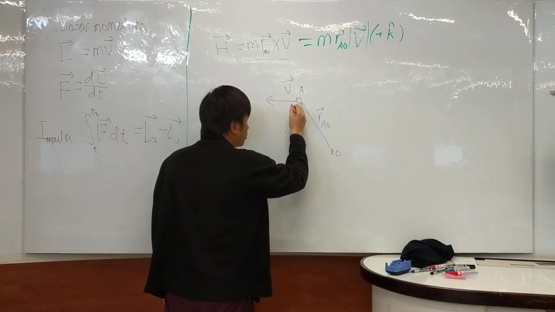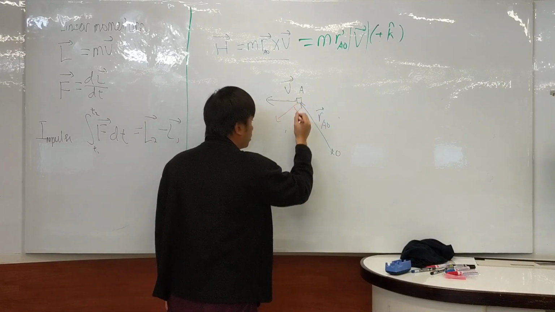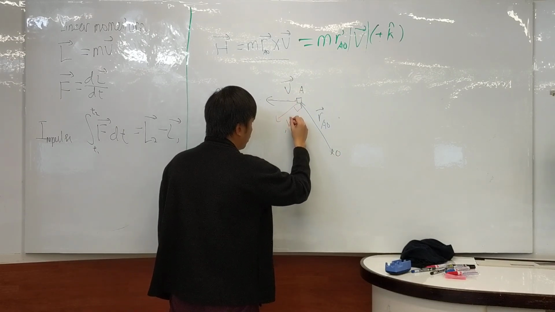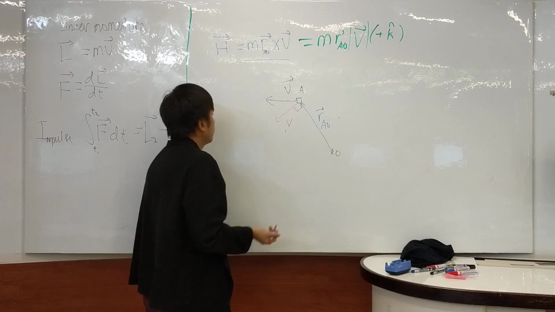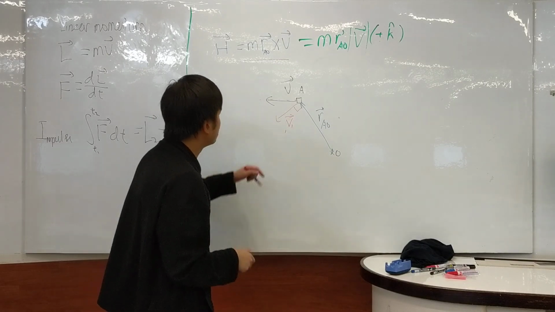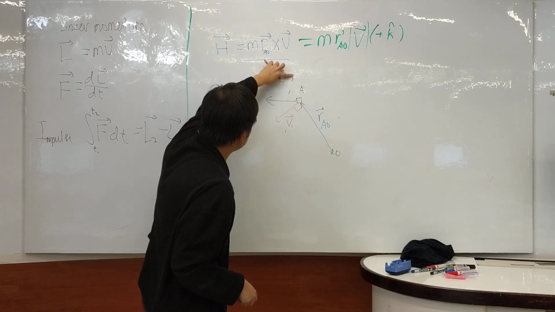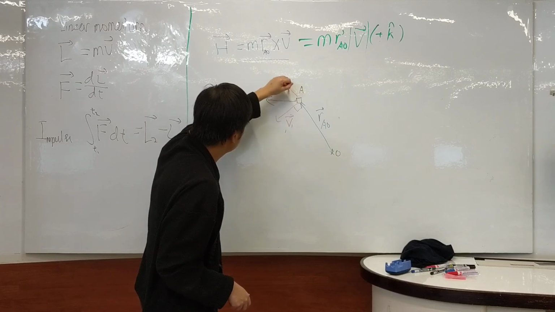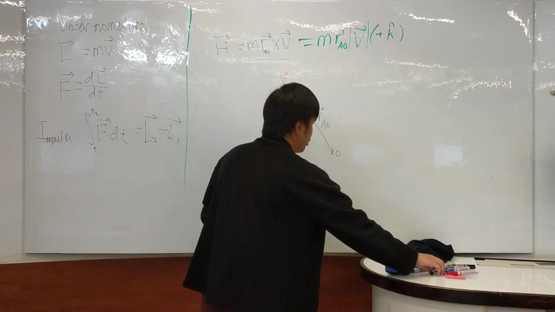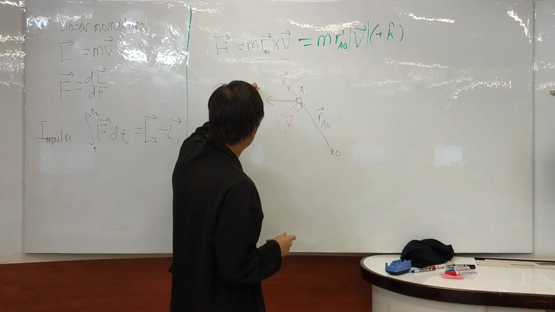One direction is perpendicular to the displacement, which I'll call V1. And the other direction is basically in this direction. And the original velocity is equal to V.